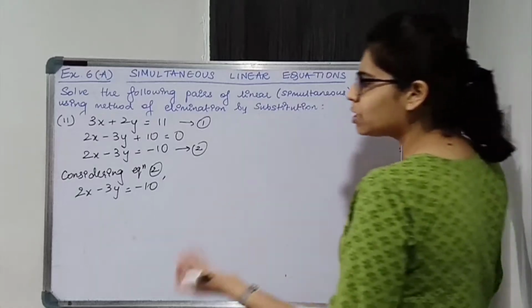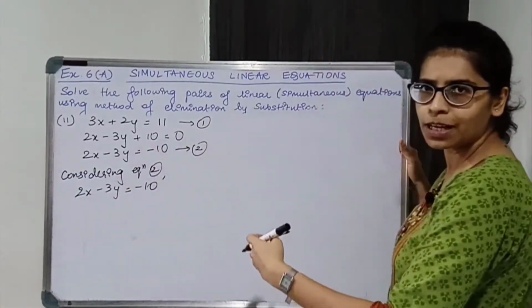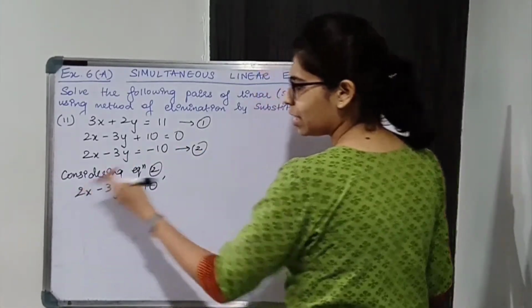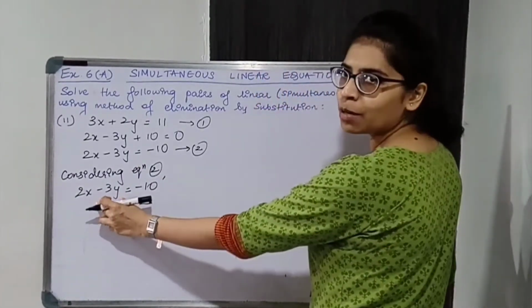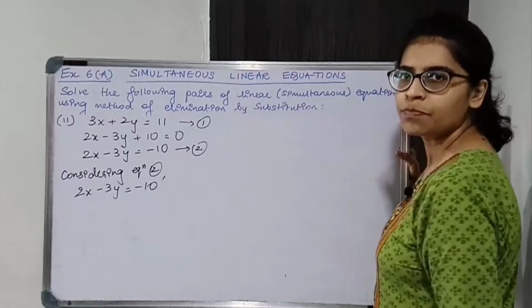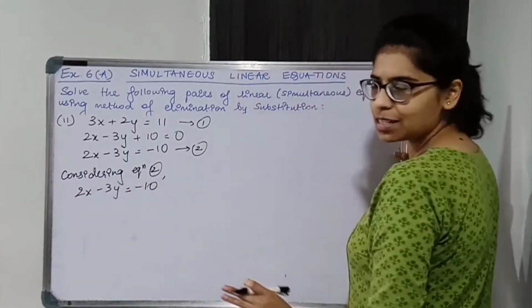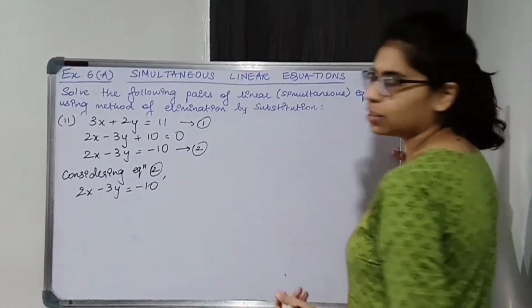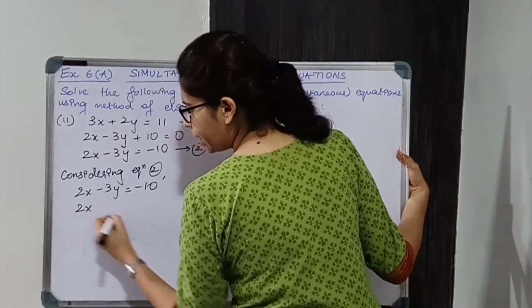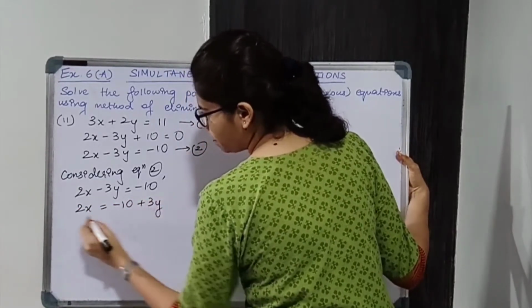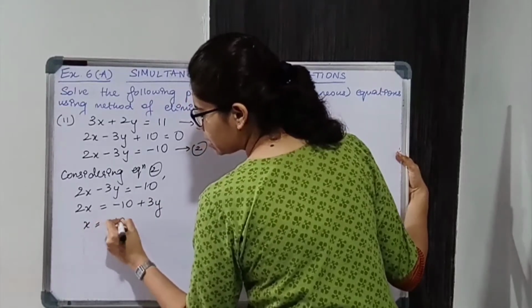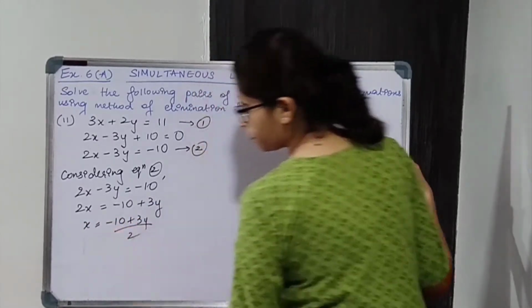So this time let's express y in terms of x. All right. Y को as it is रखते हैं, x को shift कर देते हैं. But the thing would be, अगर मैं y को यहाँ पे रख रही हूँ तो negative y मिल रहा है. So instead x को ही as it is रखते हैं and y को shift कर देते हैं. So 2x is equal to minus 10 plus 3y. So x is equal to minus 10 plus 3y by 2.